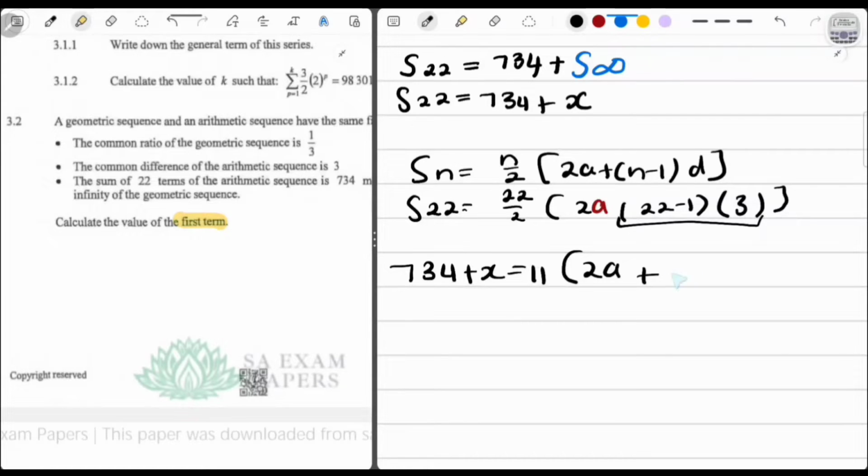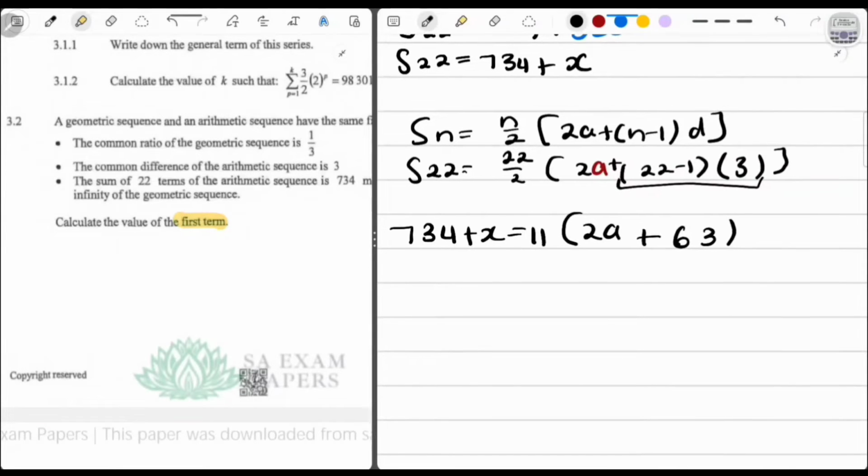So that's plus 63. And it's positive because we have a plus here, which I forgot. And then this is what we have. Then I can just distribute that. So 734 plus x is equal to 11 times 2, which is 22a, plus 11 times 63. Okay, let me see what that is. And that is positive 693. And then look at this.